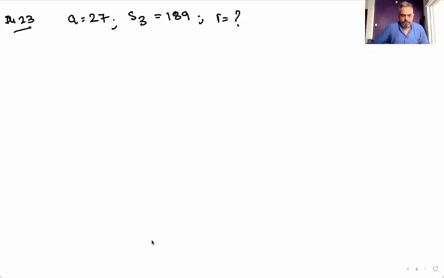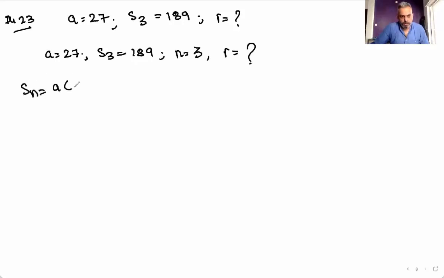Now, very simple. a is equal to 27. S3 is equal to 189. We have to find r. n is equal to 3. r is missing. So Sn is equal to a into r raised to n minus 1 upon r minus 1.